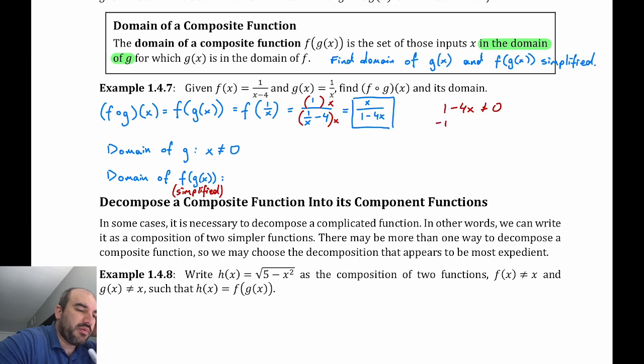We'll subtract 1 from both sides, or I guess we can just add 4x to the other side as well. So 1 cannot equal 4x. You may have made a simple mistake in there somewhere, because if you do this and you divide by 4, you get that x can't equal 1/4. Is that what you meant to say? Yeah. It can't equal 1 over 4. So x is not equal to 1 over 4.